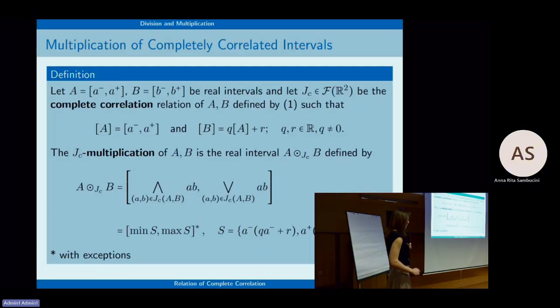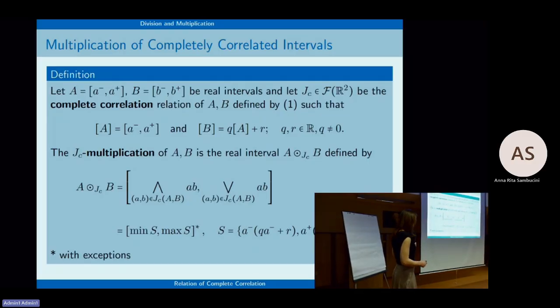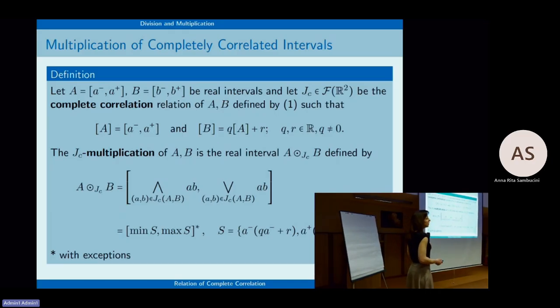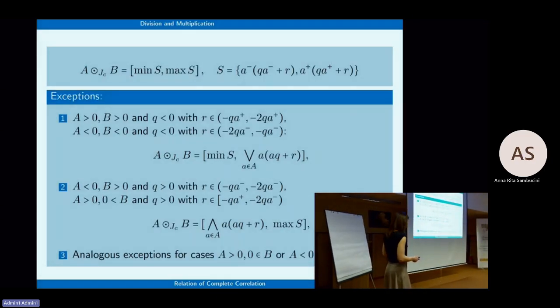It's again dependent on the parameters Q, R, and the borders of the interval A. But there are exceptions. This result does not hold in all cases.